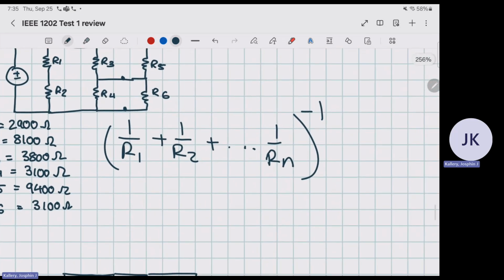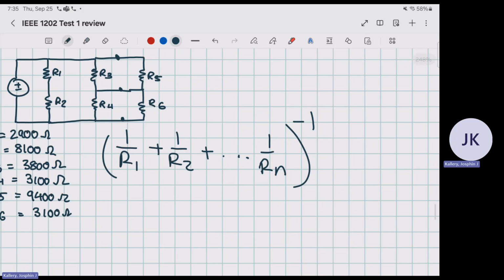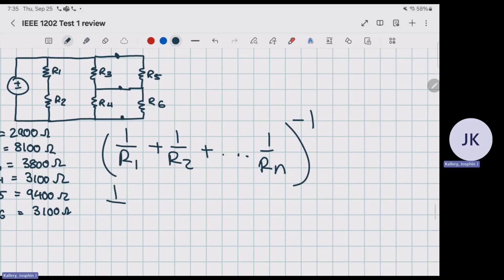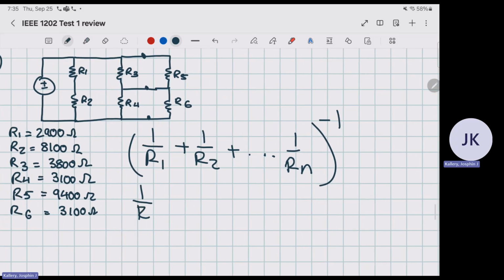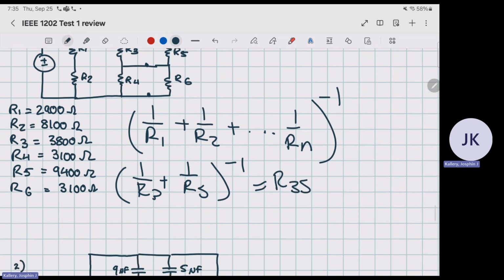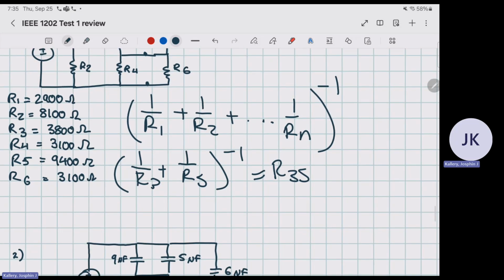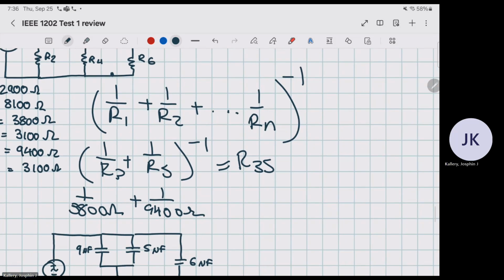Okay, so let's start with R3 and R5. We have 1 over R3 plus 1 over R5, and then we're going to invert it. That will give you R35. So we have 1 over 3,800 ohms plus 1 over 9,400 ohms.